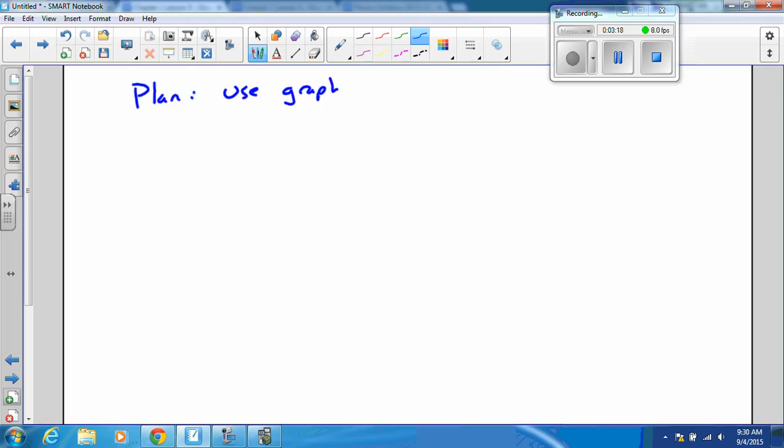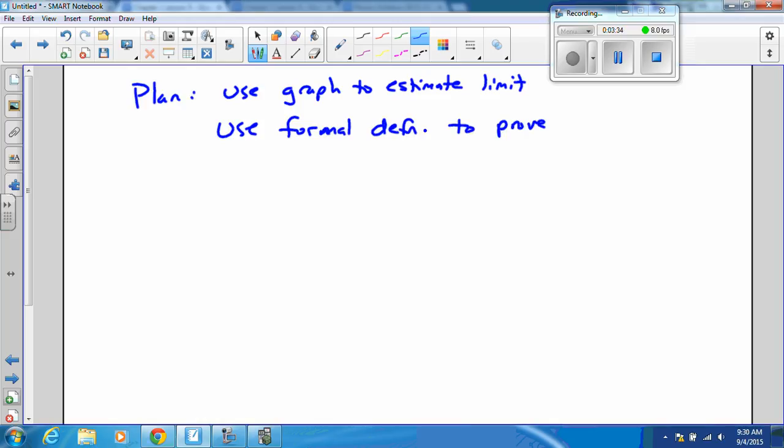We're going to use a graph to estimate a limit, and then we're going to use the formal definition to prove that our chosen value, let's call it L, is in fact the limit.